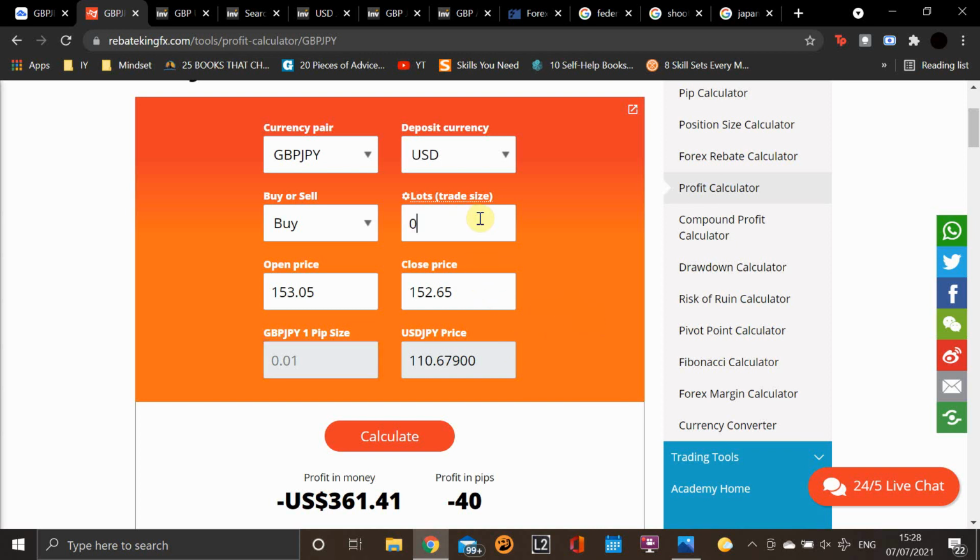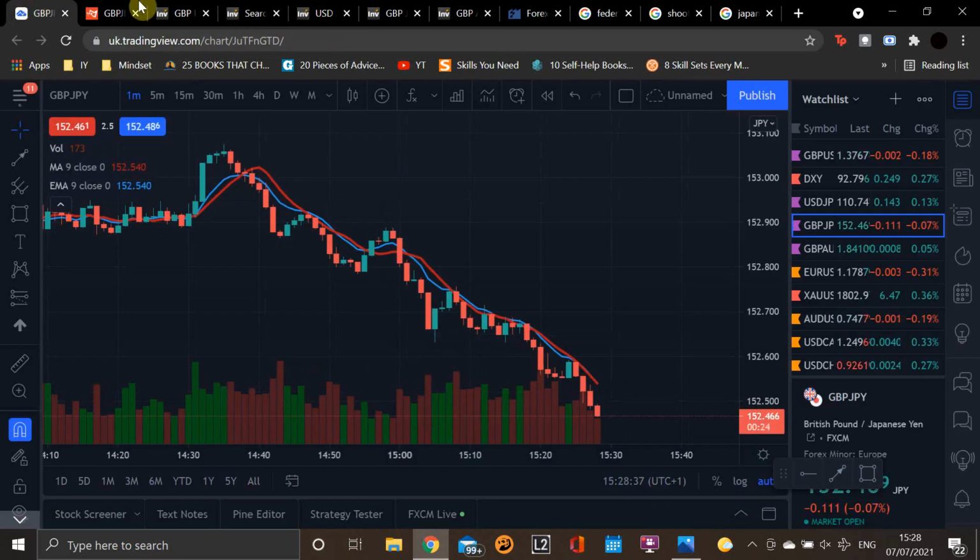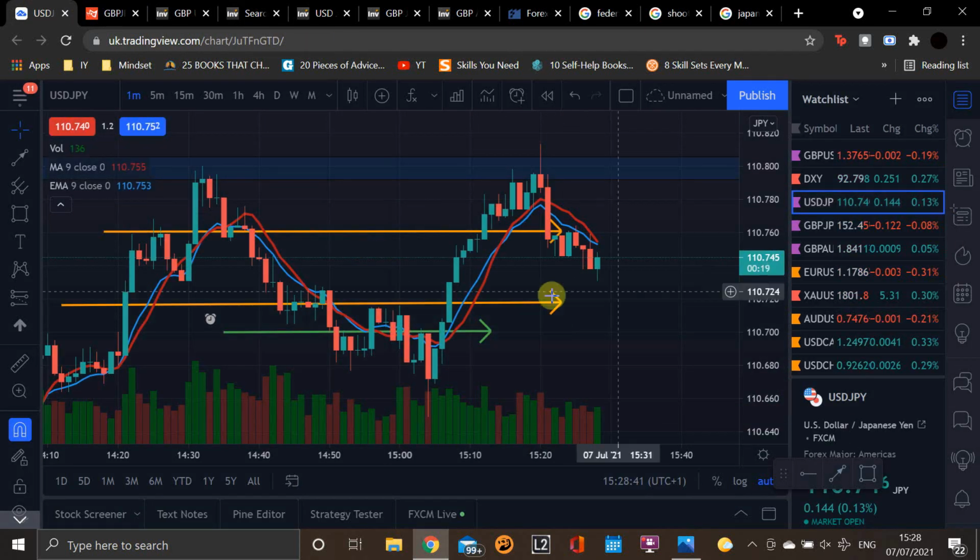If I had done it, most likely I would have done a 0.3 lot size. Wow. Crazy, isn't it? JPY is still going strong. Still going strong.